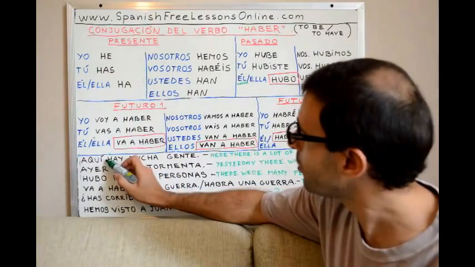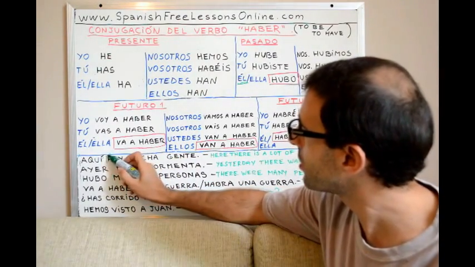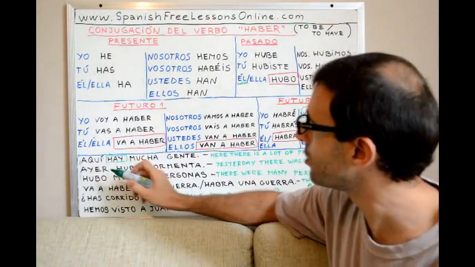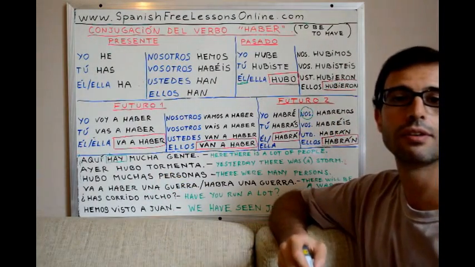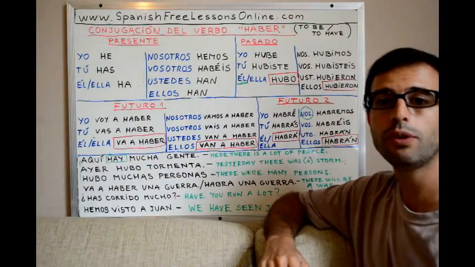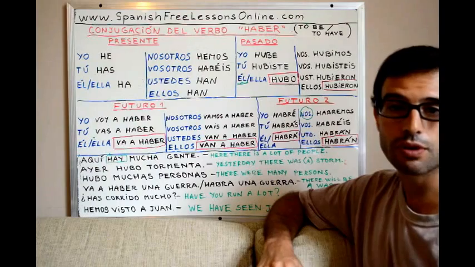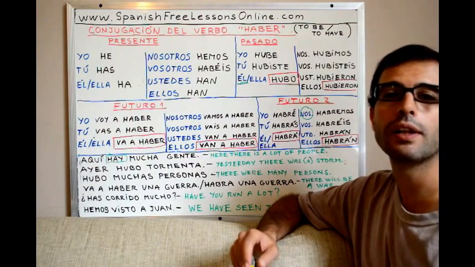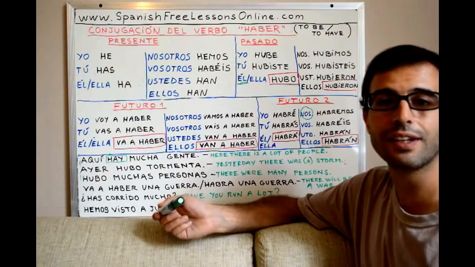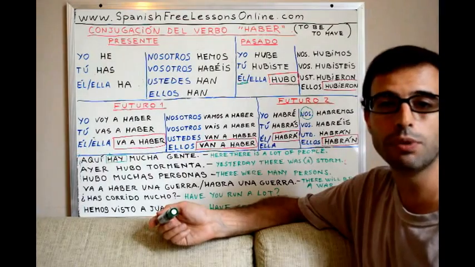So, here we are using the special conjugation of the verb haber, hay, for there is. And why do I say special conjugation? Because when we say there is in English, we are using the verb to be, right?